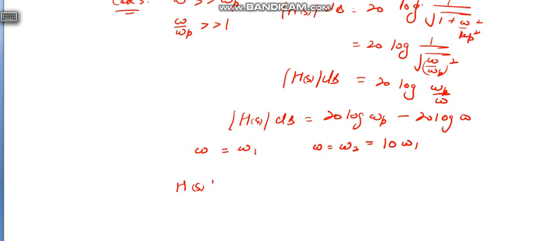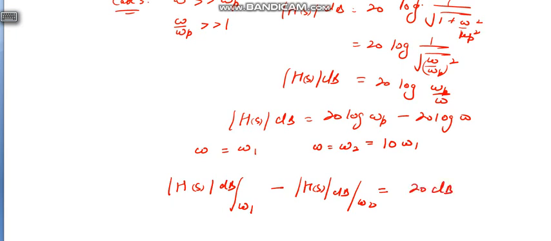So |H(s)| in dB at omega 1 minus |H(s)| in dB at omega 2. When we subtract this, we will get 20 dB. So it means when frequency is increased by 10 times, then magnitude is reduced by 20 dB.